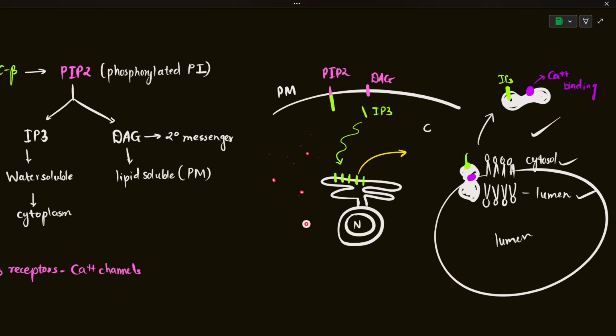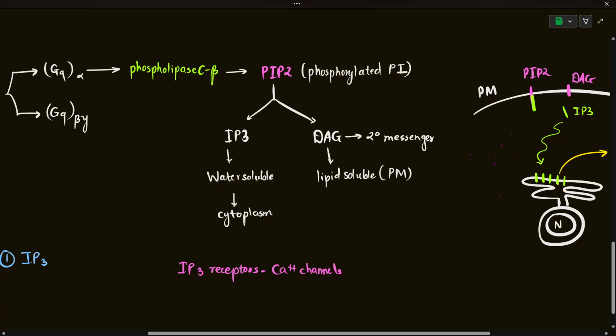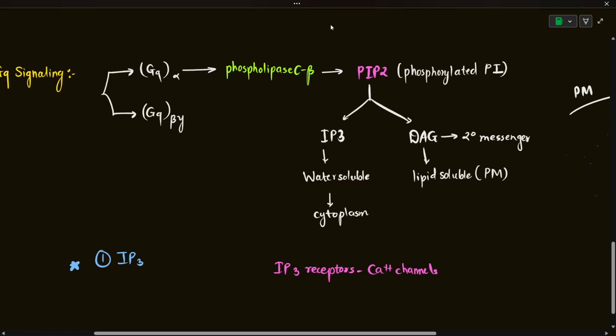The concentration is low, but it is sufficient. It is enough for some calcium to go and bind here. We have a sufficient amount of calcium present inside the cytosol, so that calcium will go and bind to this calcium binding site.